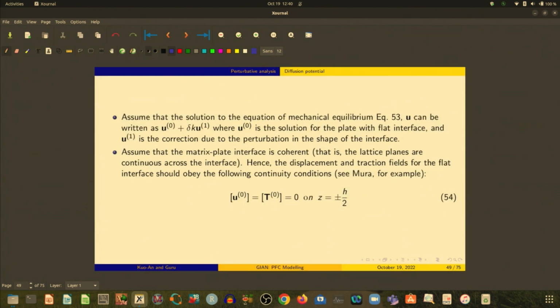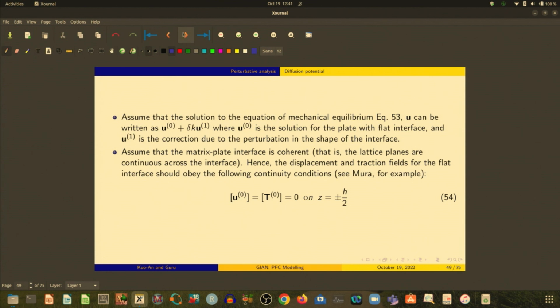To do that, we assume that it is some u0 plus some delta k times u1, and we assume that these are coherent interfaces, and so the displacement and traction fields at the flat interface should obey the continuity conditions, displacement and traction continuity when you have this flat interface.